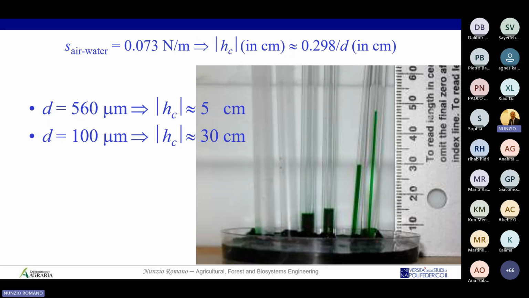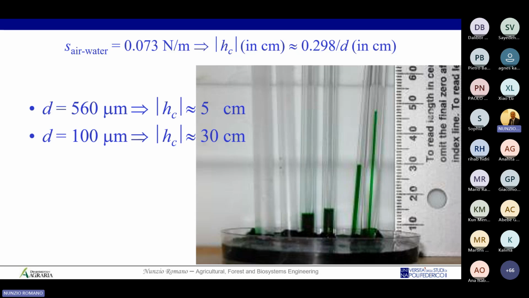You model the soil porosity as a bundle of capillary tubes. If you have a tube with a diameter of 560 micron, you have a very low capillary rise, only 5 centimeter, as you can see from the picture on the right. But a smaller diameter, 100 micron, gives us a capillary rise of 30 centimeter.